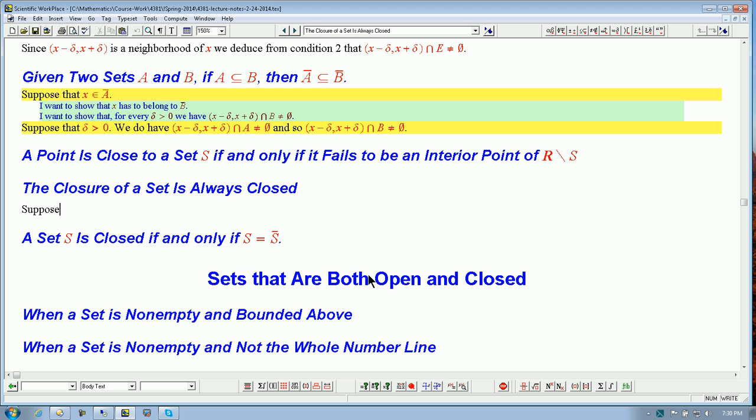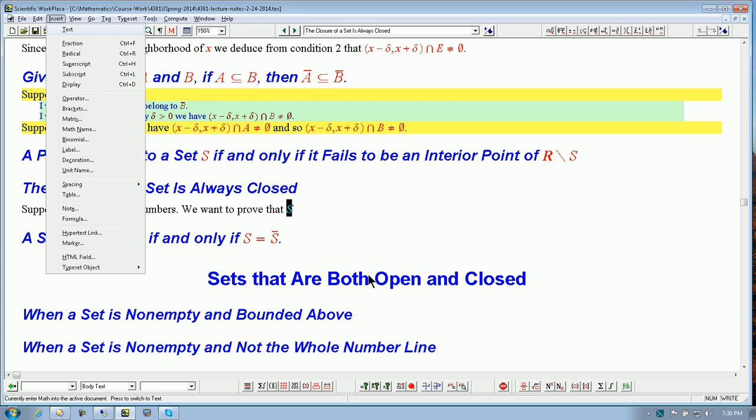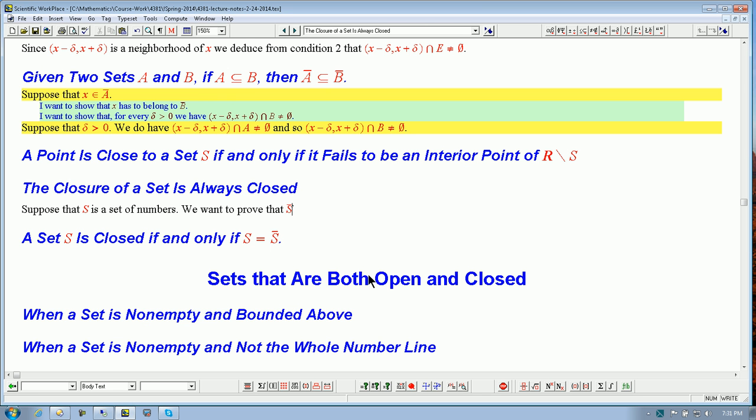Suppose that S is a set of numbers. We want to prove that S bar, I don't like calling it S. I'm going to use an A. The bar doesn't look nice on an S. It's hard to type a bar over the letter S. It's a screen problem.